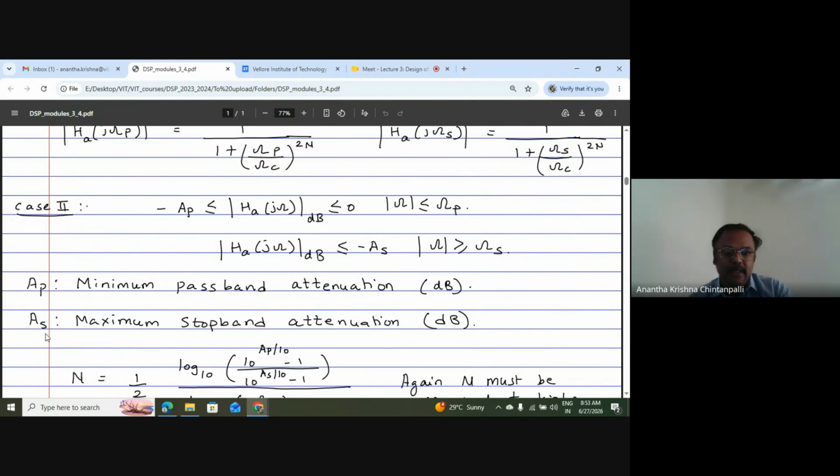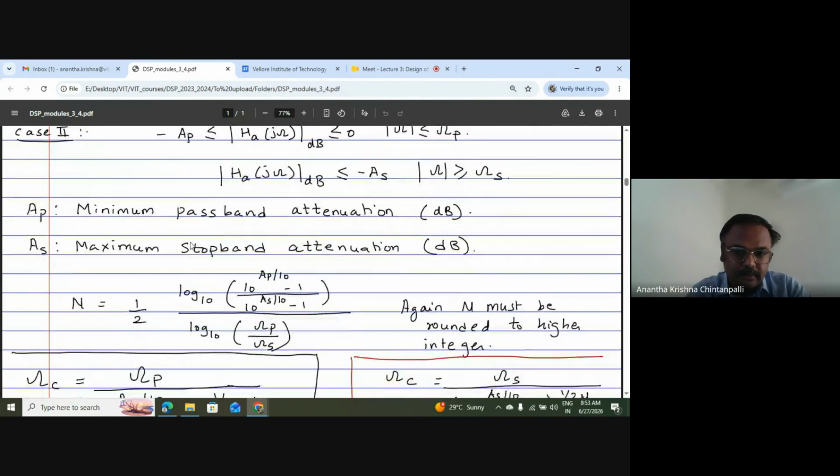Do not put AP as minus 3. If it is minus 3, you take AP as 3. If it is written as 3 dB minimum pass band attenuation, that means 3 dB is the value of AP. Attenuation means minus, so that is taken care of in the statement.